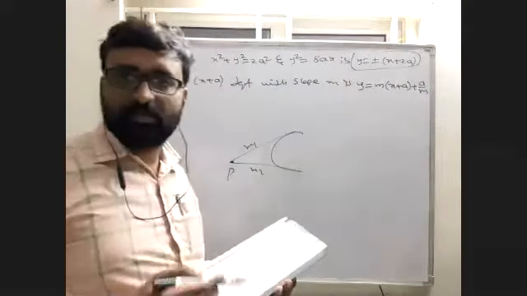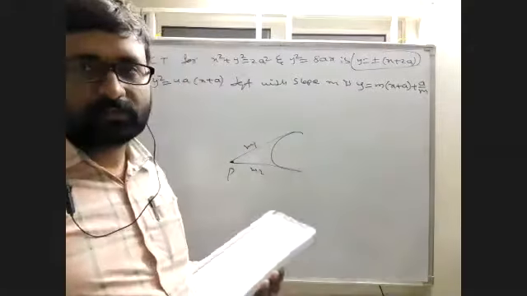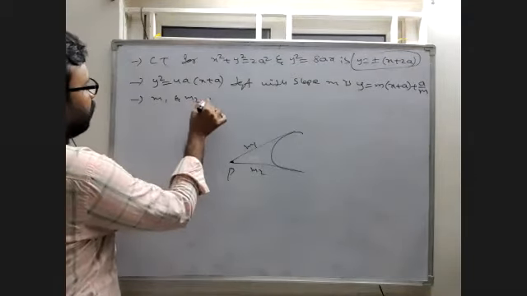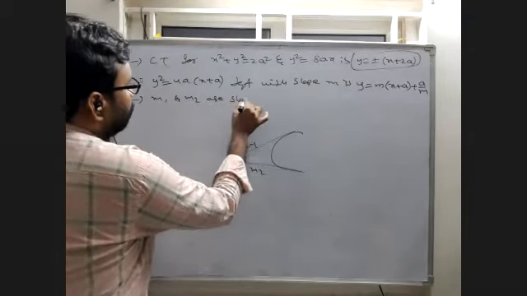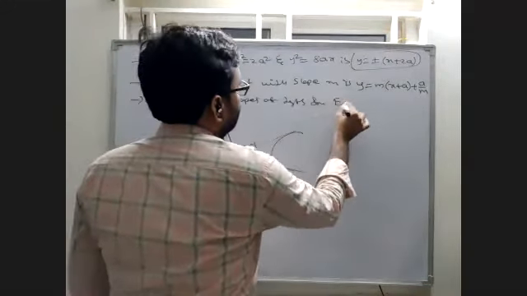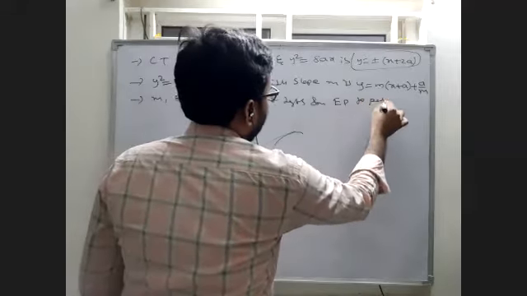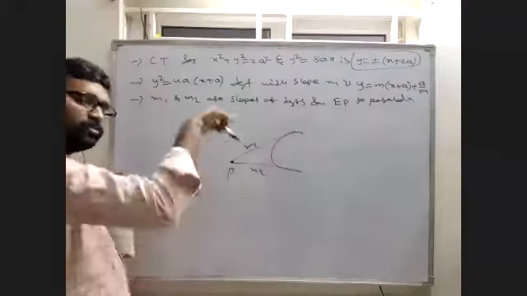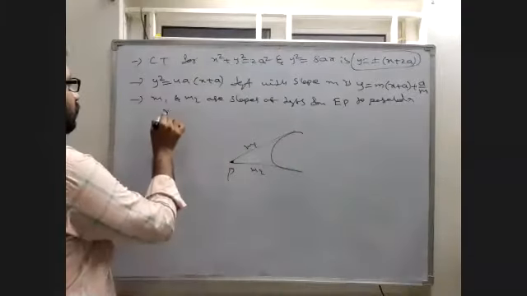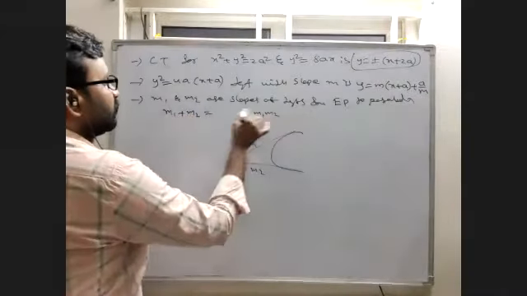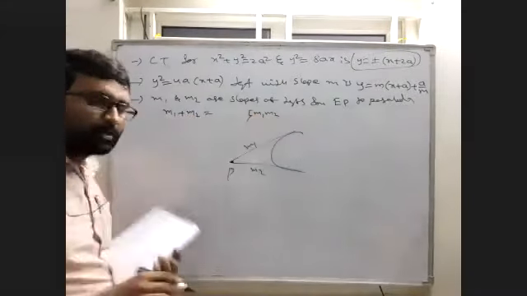Actually there is no need to write this equation; we can write the sum of slopes and the product of slopes, the sum of roots and product of roots.